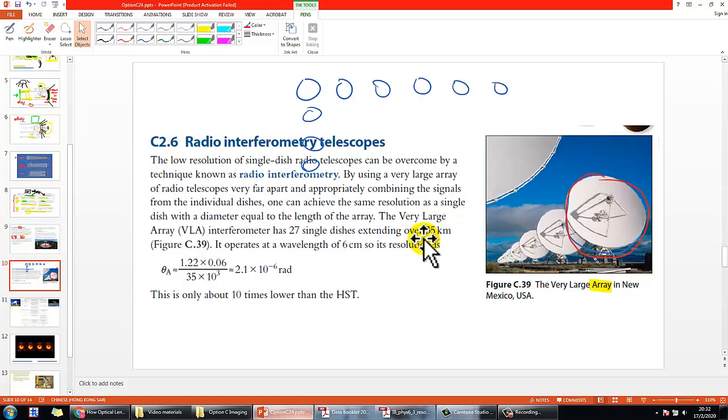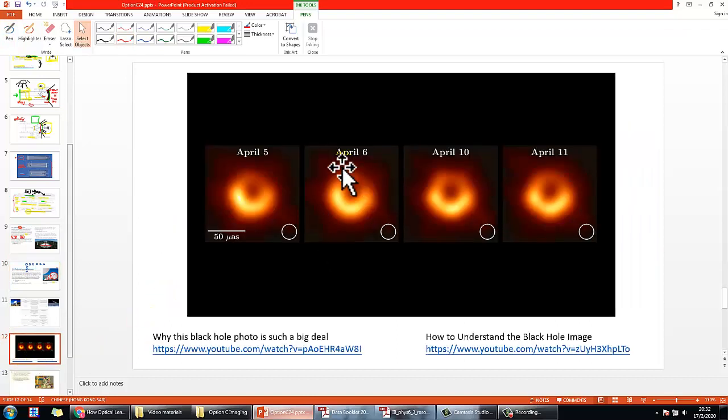But then the thing is, it's hard to maintain. So people thought of using mathematics, of course. What you can do is merge the data from each of these radio telescopes, and then combine them. In fact, later on, I'll try to talk about the black hole.